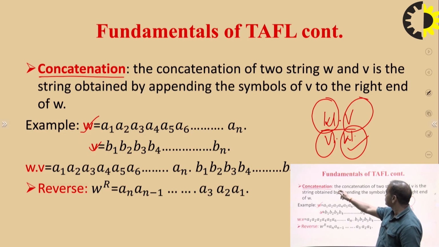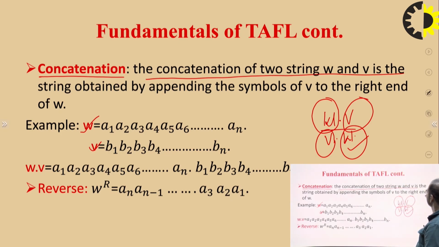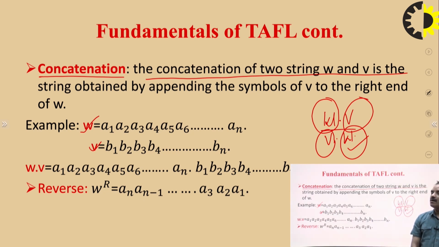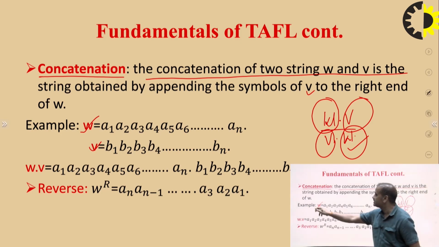This is the definition. The concatenation of two strings W and V is the string obtained by appending the symbols of V to the right end of W. This is the main idea.